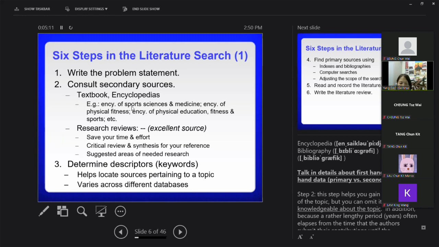They also include some suggested areas of needed research, and some valuable, relevant references for your reference.